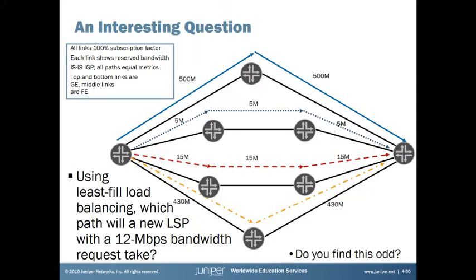So we're using least filled. Well, the issue is that the middle links have got more hops in them, so they're not going to be used.